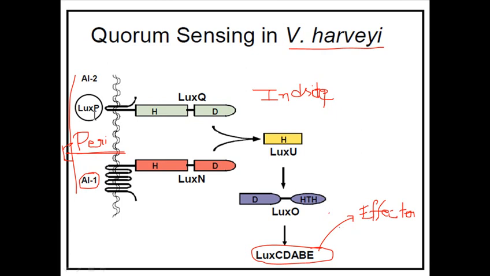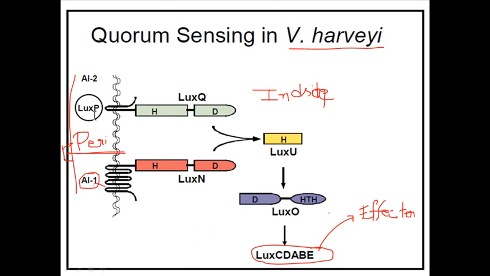This is called the effector protein or effector gene. The actual goal of all this is to transcribe the effector gene to produce effector molecules, which sometimes help to make luminescence, sometimes induce virulence factors, and sometimes help them to colonize and make biofilms.